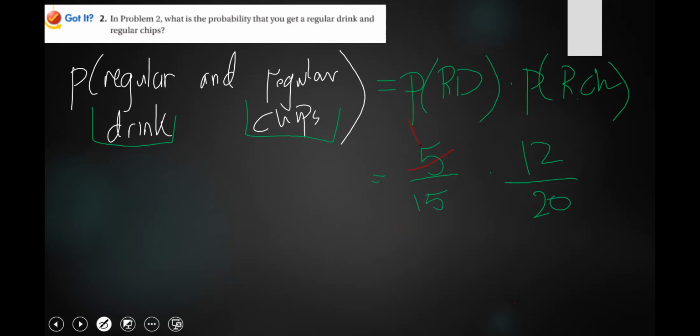Then let's now simplify. So it is 1/5, or you can say it's 0.2, or 20%. Is it clear? Yes, teacher. Okay.